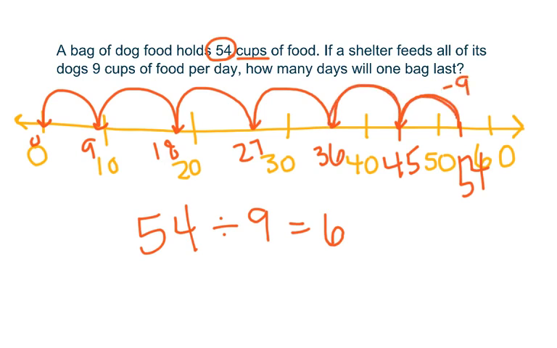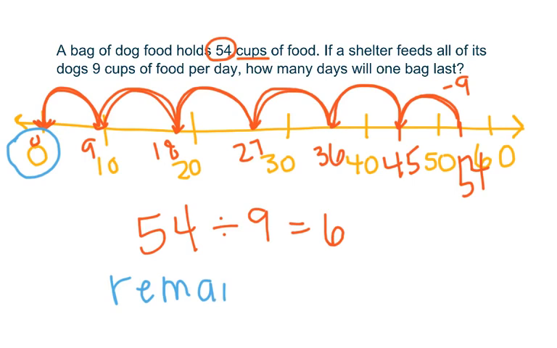Notice 1, 2, 3, 4, 5, and 6. If in a problem it did not get to 0, that would mean you have a remainder. We're going to learn about remainders in upcoming lessons. For right now, you can remember this word and you will learn about it in a little greater depth in a future lesson.